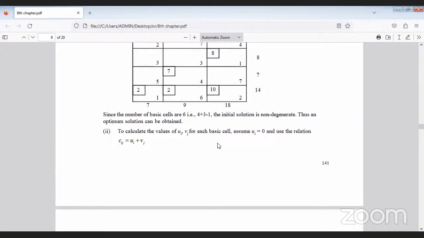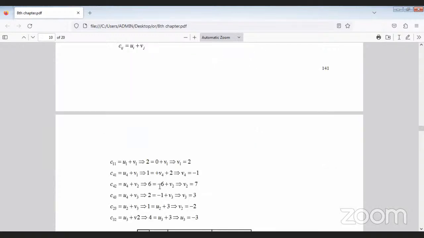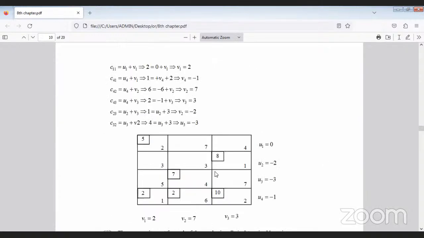ఒక నిమిషం. పేజ్ నెంబర్ 142 లో u4 -1 అని ఇచ్చారు కదా బాక్స్ పక్కన. మనం వచ్చిన వాల్యూస్ రాసామమ్మా: u1 is equal to 0, u2 is equal to -2, u3 is equal to -3, u4 is equal to -1.